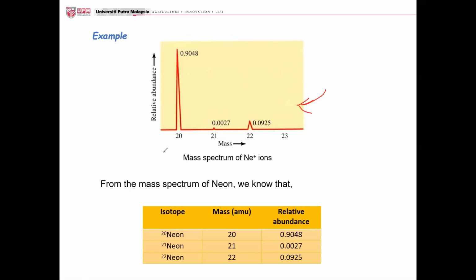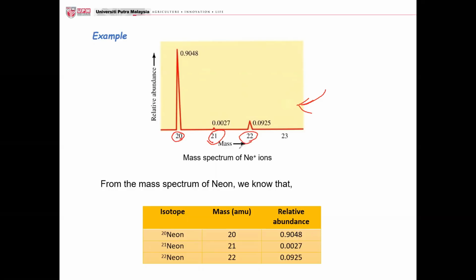Here is the mass spectrum of neon ions. The peaks represent the relative abundance for each isotope. So we have isotope 20, isotope 21, and also isotope 22.